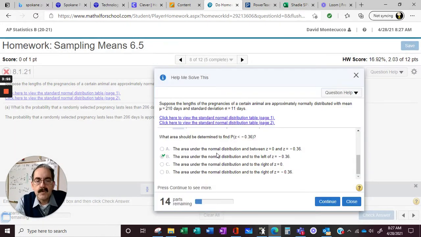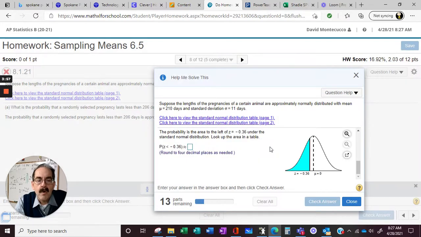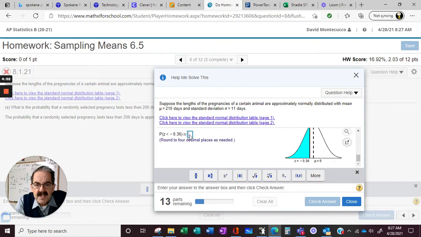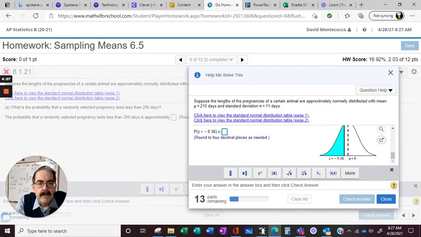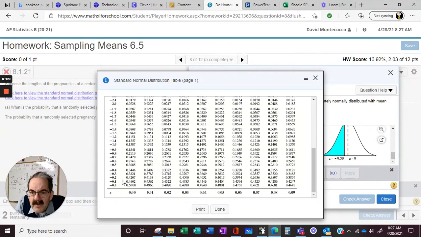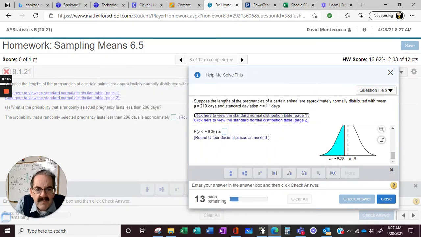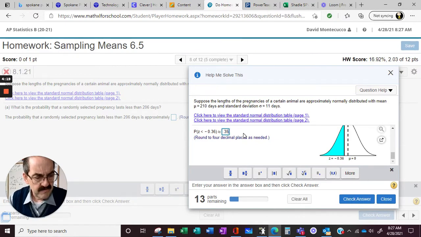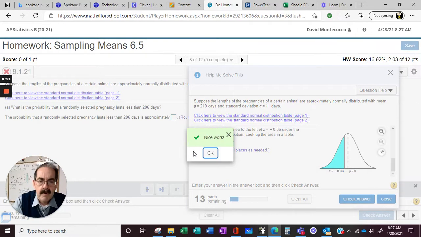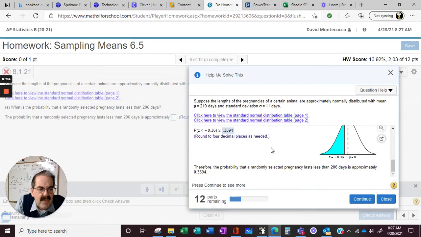Okay, cool. Now we look at our curve, and we want this negative 0.36. Negative 0.36, 0.3594. Perfect. Now that we're given that it lasts less than 206 days.